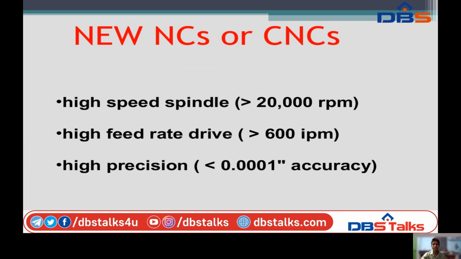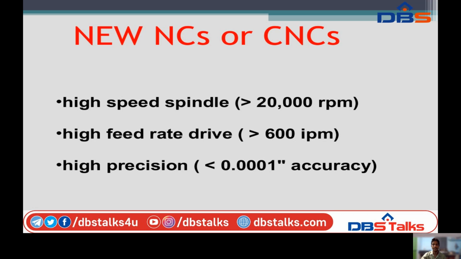Okay. Next, new NCs or CNCs. Different types of classifications will be given here. High speed spindle, high feed rate drive, high precision. If spindle speed is more than 20,000 RPM, it will be called a high speed spindle. Next, high feed rate.